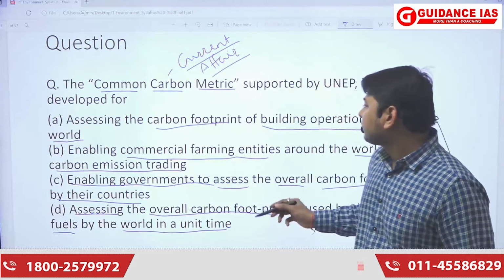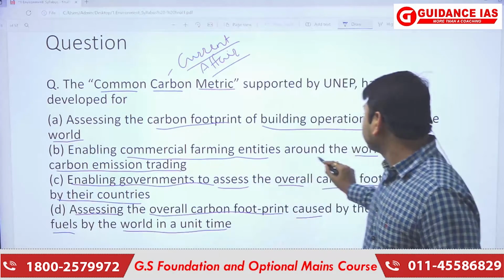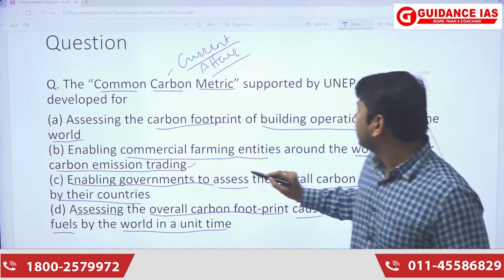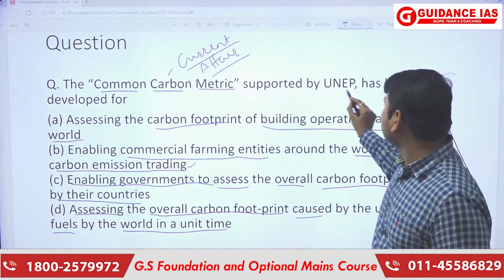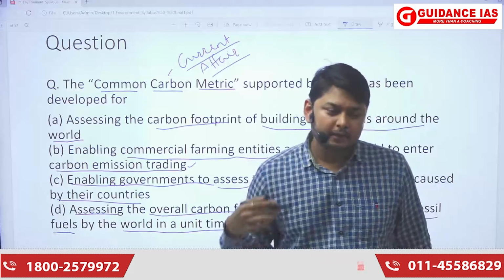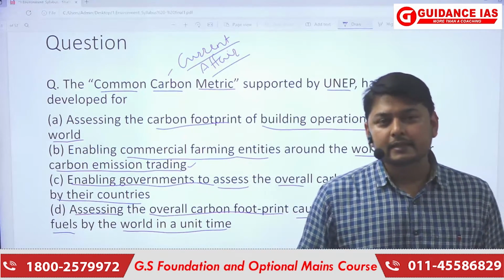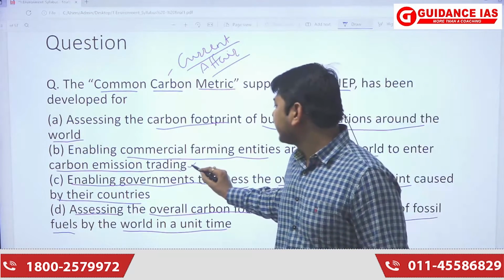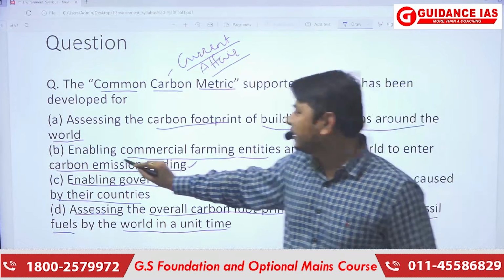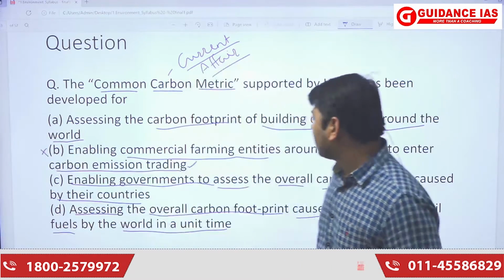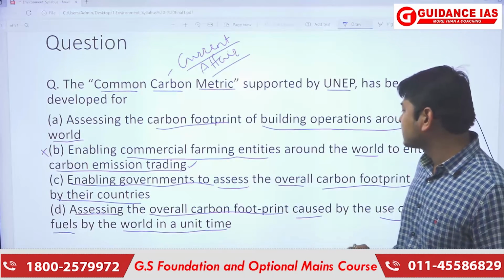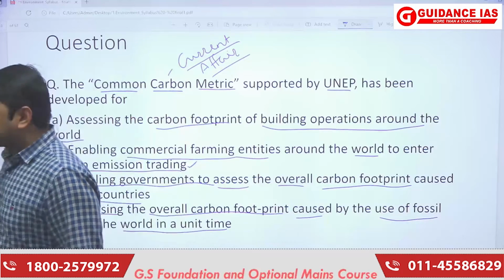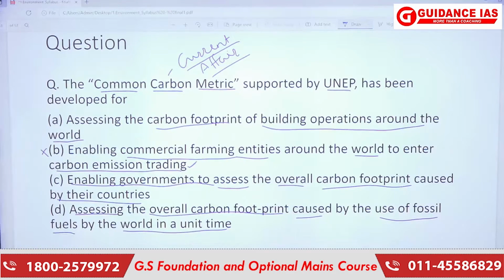Take enabling commercial farming entities around the world to enter carbon emissions trading. Basically, carbon emissions trading is not done by UNEP; there is some other party or agreement through which carbon emissions trading is being done. So I can eliminate this option. Now, third is enabling governments to assess the overall carbon footprint caused by their countries.